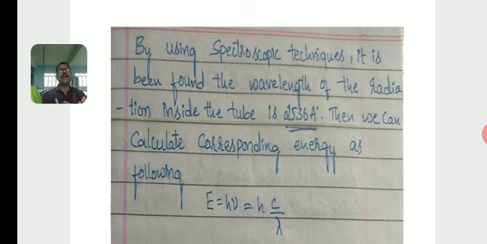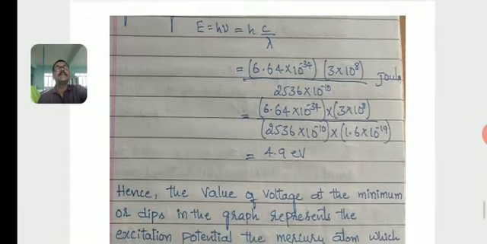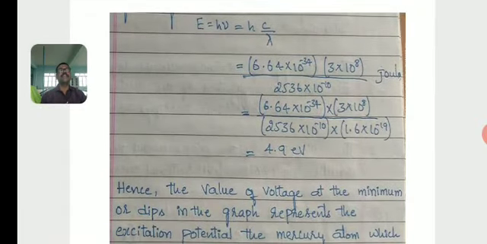Then we can calculate the corresponding energy. E is equal to h nu, the energy of the photon, which is equal to hc by lambda, because nu is equal to c by lambda. Substituting the values of h, c and lambda: 6.64 into 10 to the power minus 34 into 3 into 10 to the power 8 divided by 2436 into 10 to the power minus 10 joule.